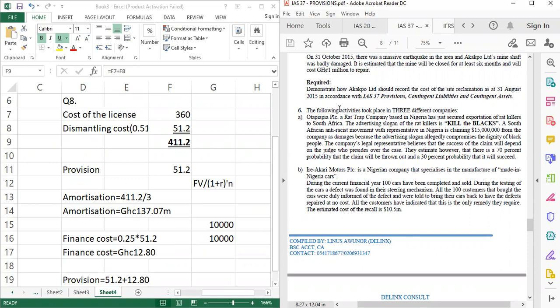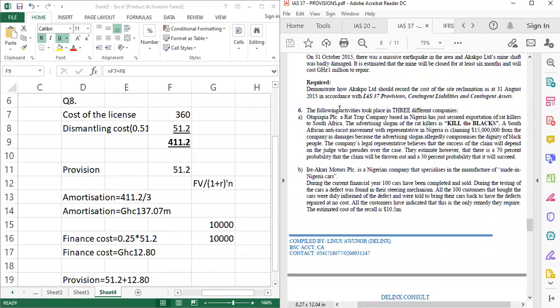The following activities took place in 3 different companies. A. Otapiapia PLC, a rat trap company based in Nigeria, has just secured exportation of rat killers to South Africa. The advertising slogan of the rat killer is "Kill the Blacks."